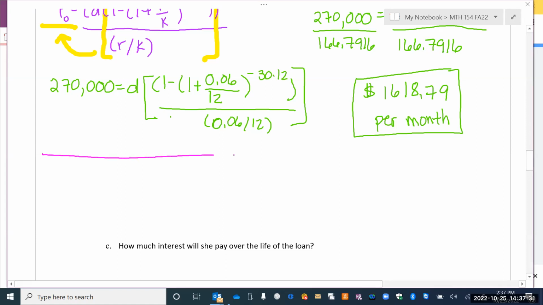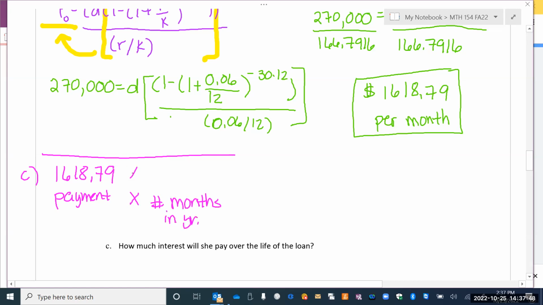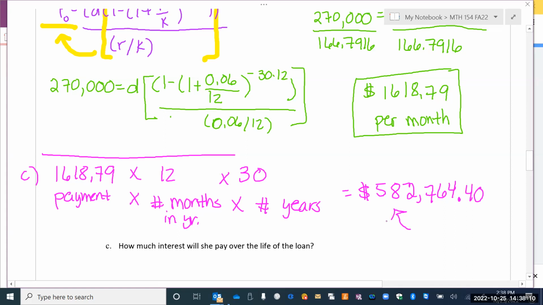So she is paying the $1,618.79 per month payment times 12 months in a year, times 30 years. That is what she pays the bank: $582,764.40. That's the amount paid.